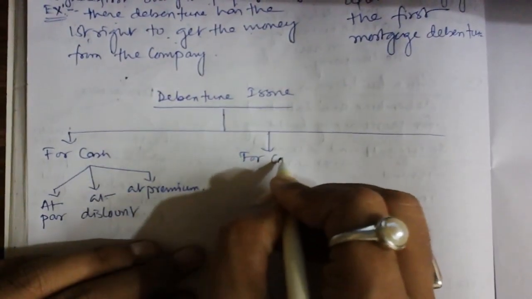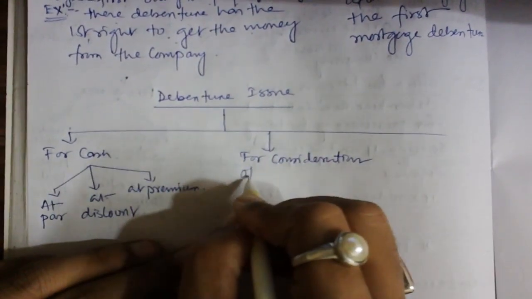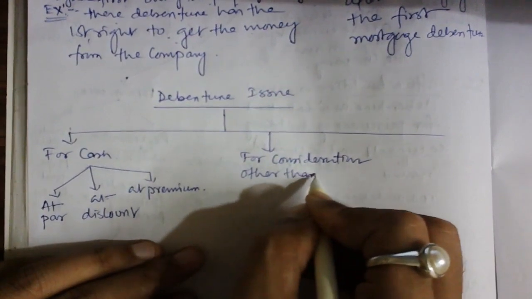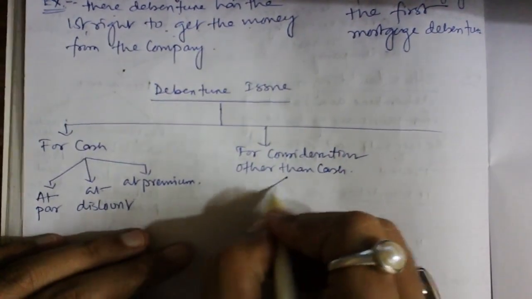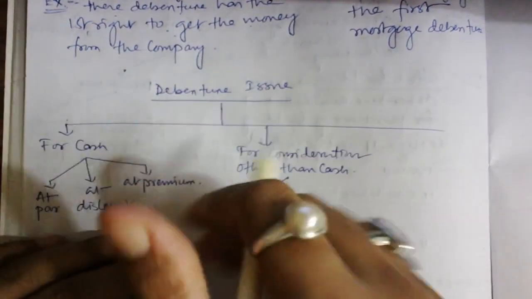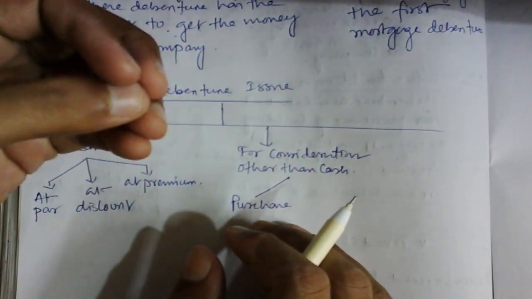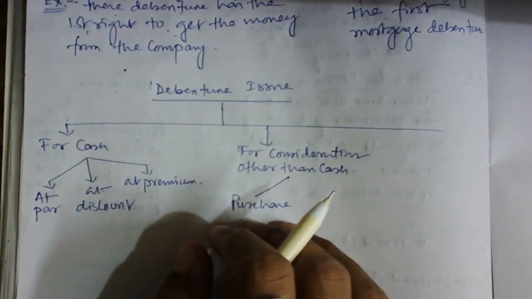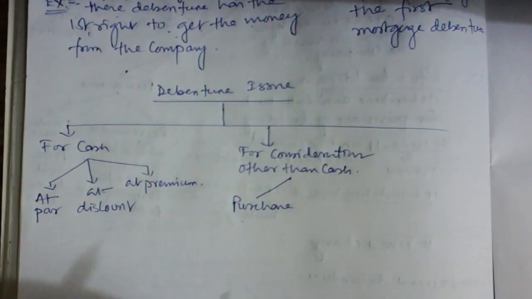For consideration other than cash, correct? You can say, sir, purchase of asset. You use your debenture for purchase of asset. So you purchase an asset from a company, but you don't have the money to repay the vendor from whom you have purchased the asset.